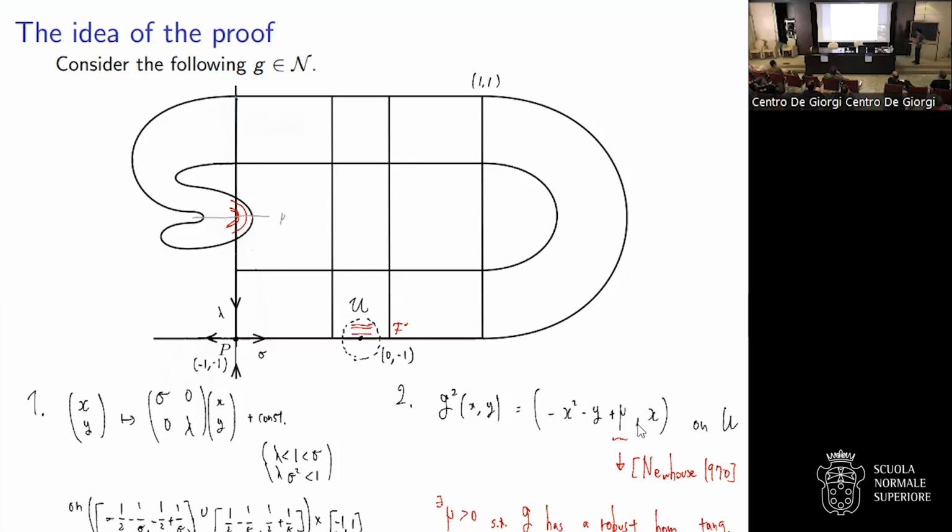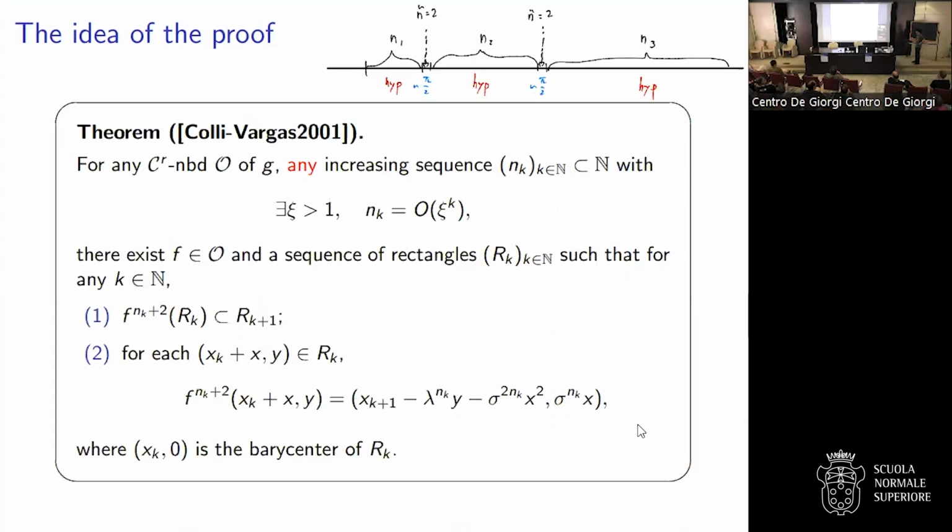Yes. And one important thing that I should mention is that Colli and Vargas show that by unfolding the homoclinic tangency, you can find a wandering rectangle with completely controllable staying time.